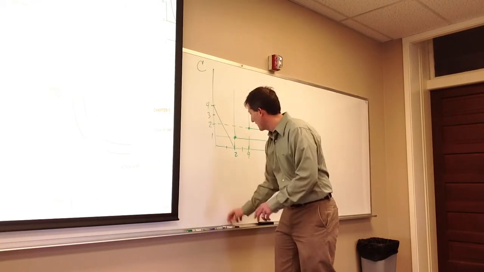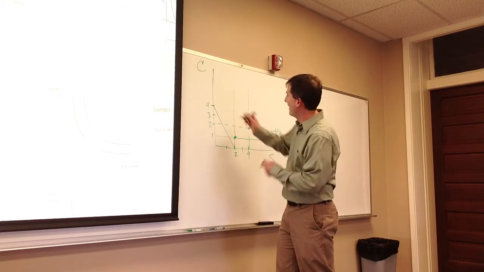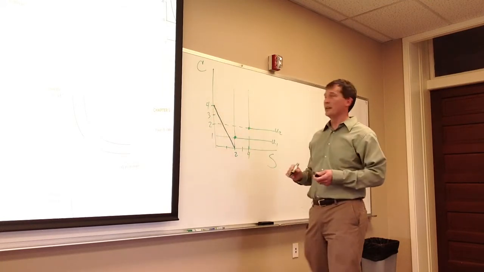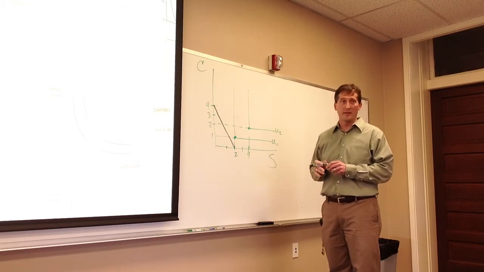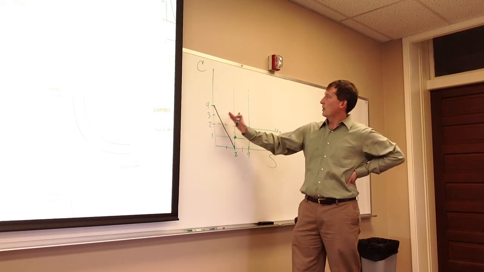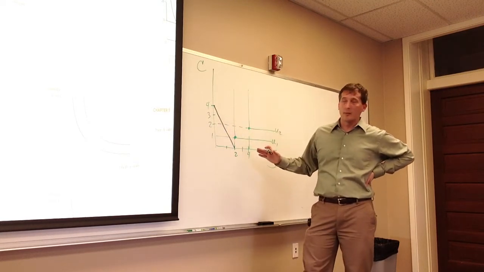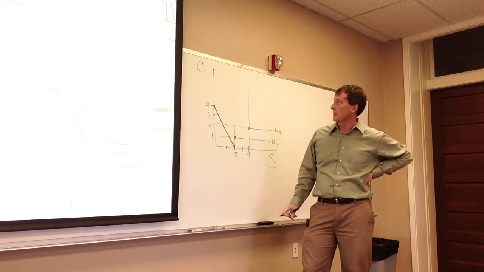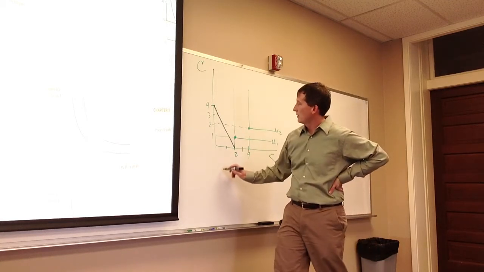My blue is actually green now. I put it in a different color. We'd have a budget line that looked like that. That's one of them. So depending on how much income we have, how much spending would be going on this arbitrary budget line that I just did.